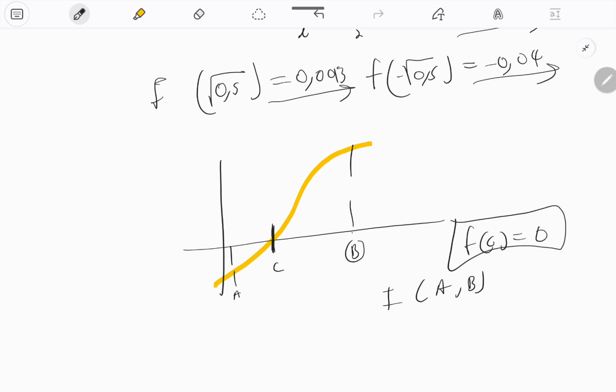That's what a root is, right? To guarantee that this function passes 0 at some point, f of a must be negative and f of b must be positive.